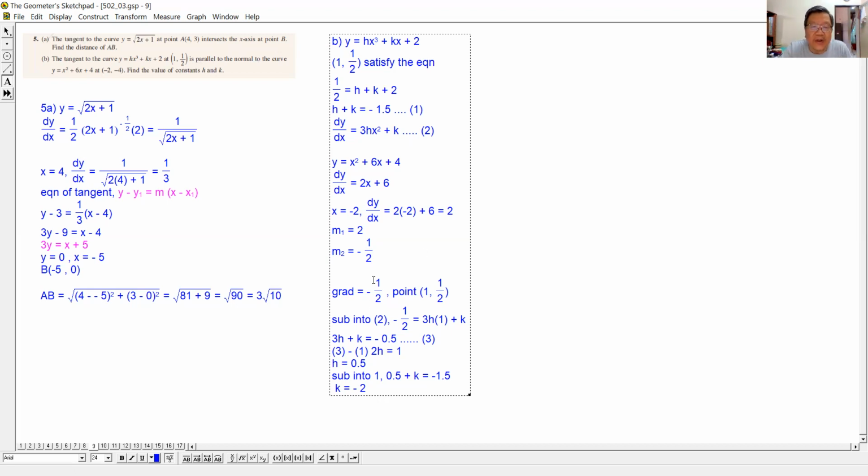So now the gradient is 1/2. The point is 1, 2. I try to substitute into this gradient function here. Substitute into the gradient function.